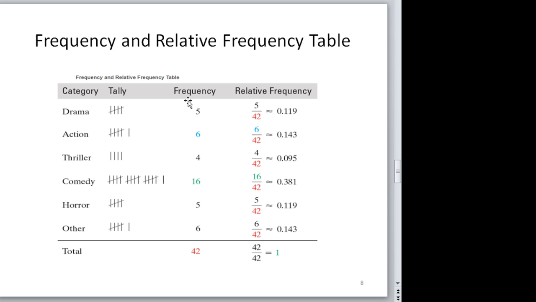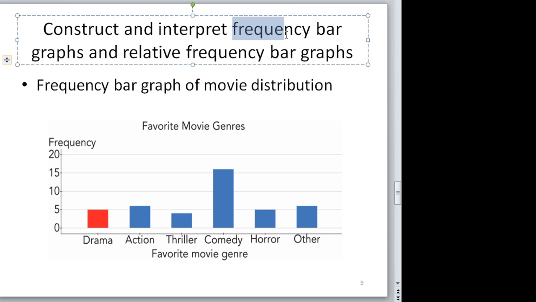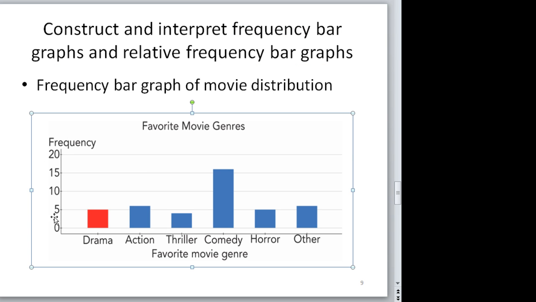Once you get the frequency, put it in that form, each frequency divided by the total, to get the relative frequency. Once you do that, then you build the frequency bar graph. If you take a look at this x-axis, it just gives you the unit scale of the frequency, from 0 to 5 and 10 and 15 and 20.